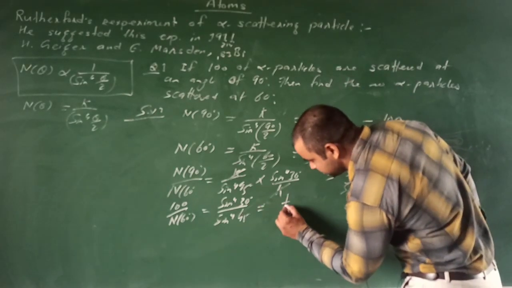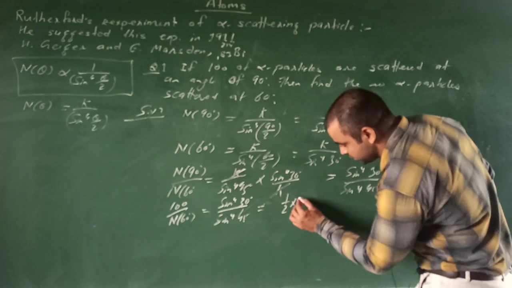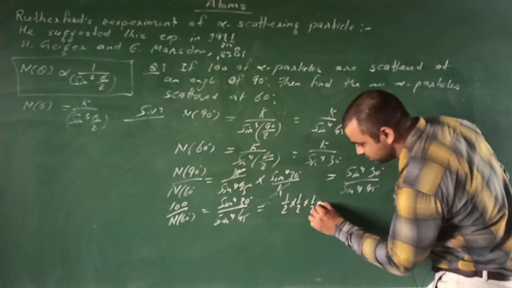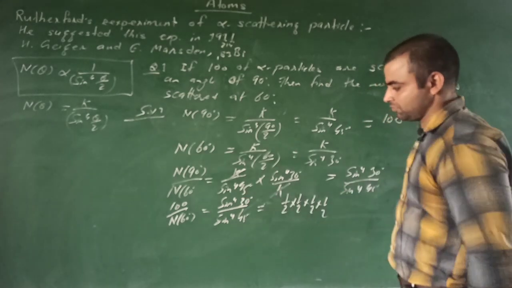Sin 30 is 1 by 2, so (1 by 2) raised to power 4 is 1 by 16.